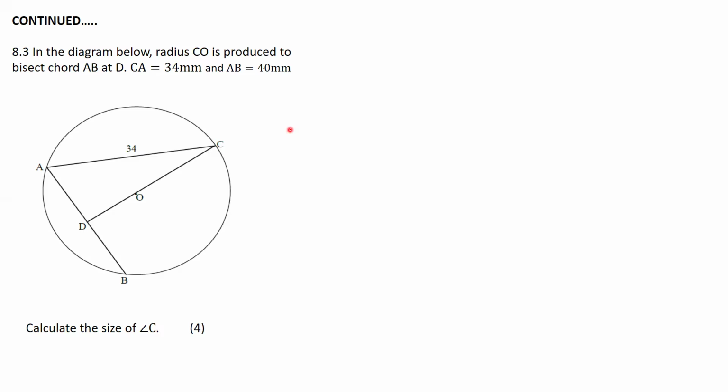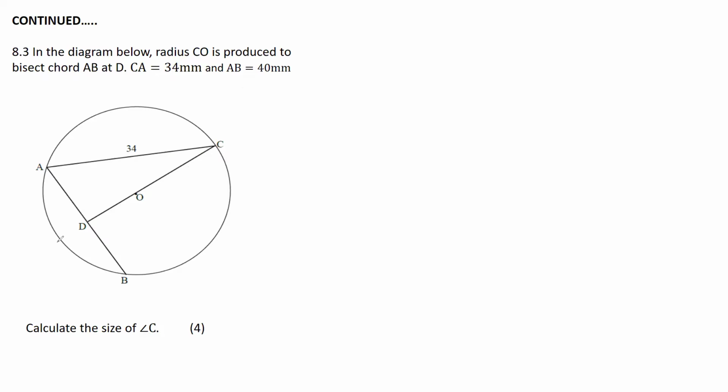In the diagram below, the radius CO is produced to bisect chord AB at D. The word bisect means to cut into two equal parts. So this whole line CD, it's not a diameter.